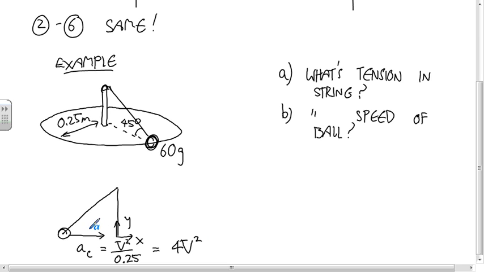And so in components, what's the centripetal acceleration? It's pointing in the positive x direction. Any questions about that? Okay, so it's going to be just positive 4v squared, 0.